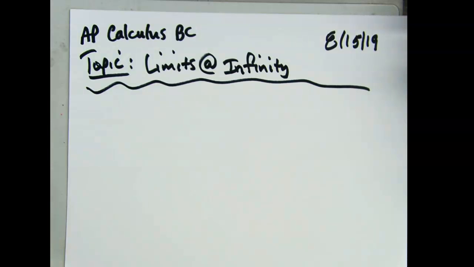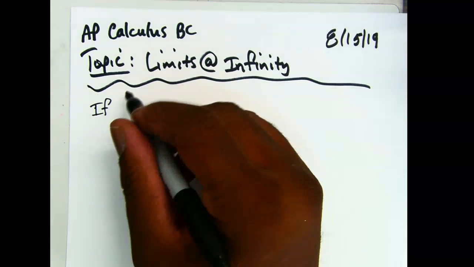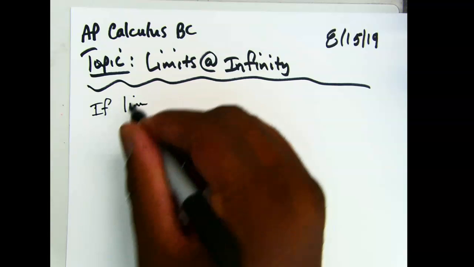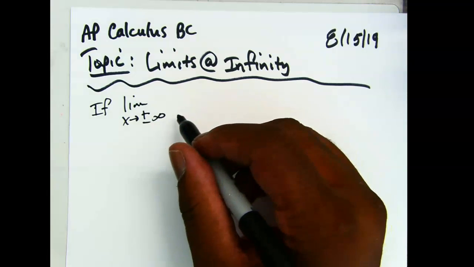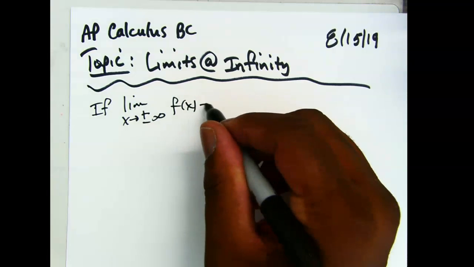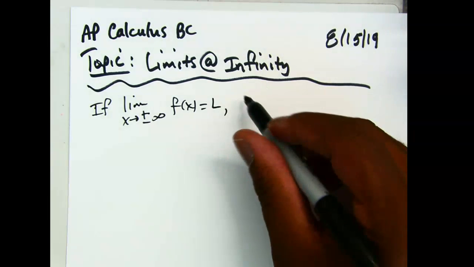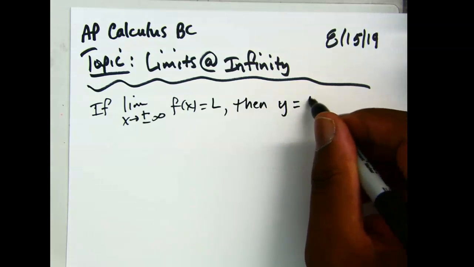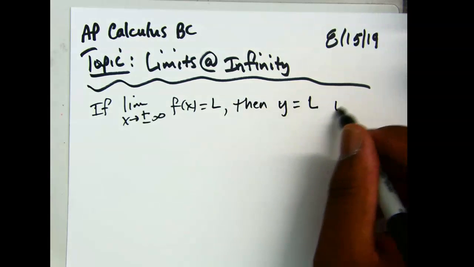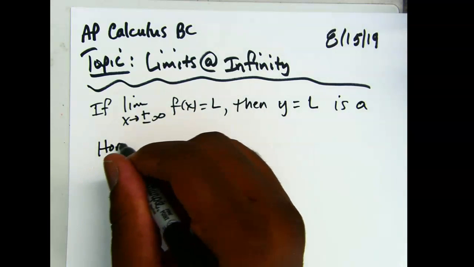Today, it's going to be limits at infinity. So, we can state if the limit as x goes to positive or negative infinity of f of x is equal to L, then y equals L is a horizontal asymptote.